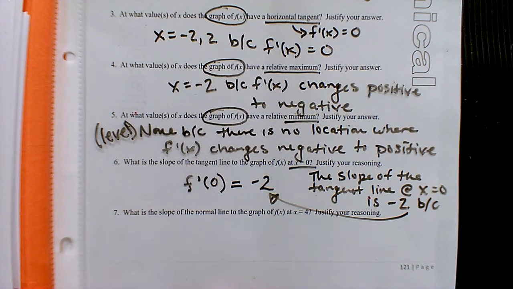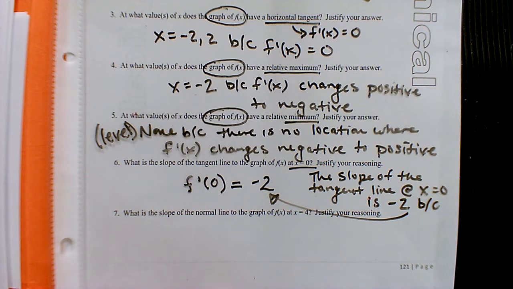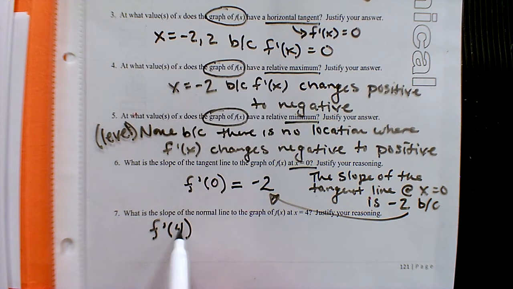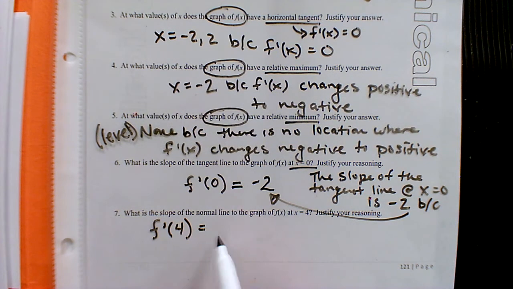All right, let's amp it up a bit. What is the slope of the normal line to the original graph at x equals 4? Justify your reasoning. How is normal related to tangent? What's the connection between the two? Yeah, they're perpendicular. So we have to figure out the slope of the tangent line at 4, aka the derivative at 4. Can you find that based off the graph at the top? That's the graph of the derivative, the graph of slope. So we plug in 4 into that graph, and what do we get out? -2.